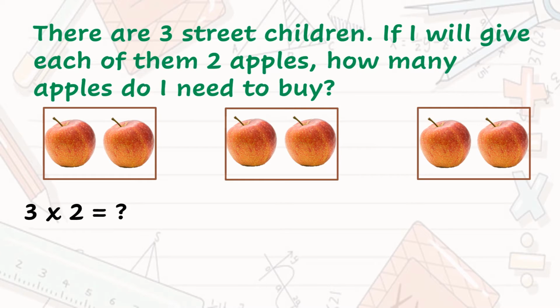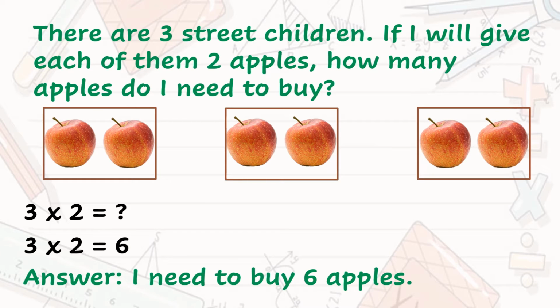We can have a multiplication expression out of this, such as 3 times 2. And 3 times 2 is equal to what number? Yes, very good kids. It's 6. Therefore, I need to buy 6 apples.